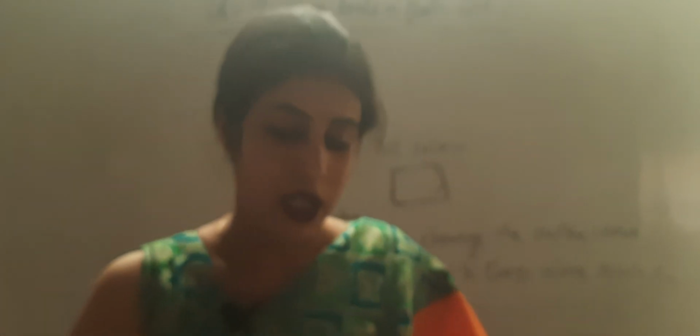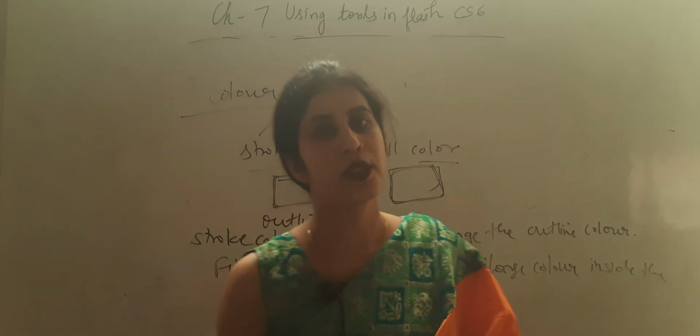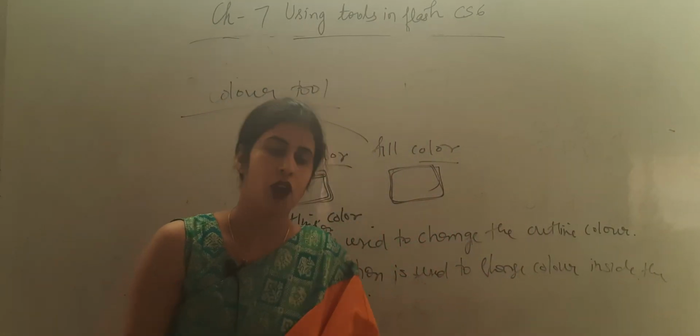And the fill color option is used to change the color inside the shape. If we are going to change the fill inside, we will use the fill color option, and the stroke color option is used to change the outline of the shape.